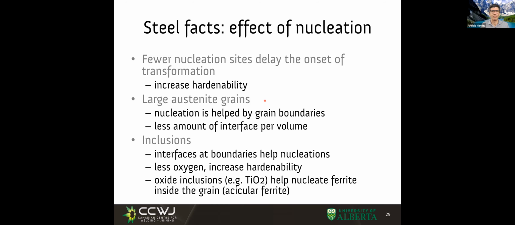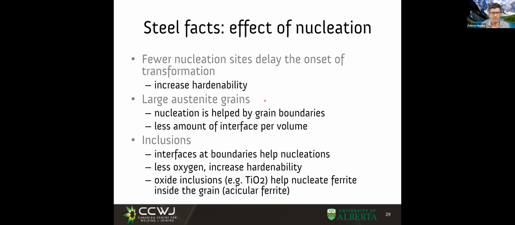You can have inclusions for the nucleation. And one funny aspect of welding is that in places such as the weld metal, you want to have inclusions. Now, you want to have inclusions that are appropriate, that are not going to destroy your toughness. For example, inclusions of titanium oxide, in small amounts.